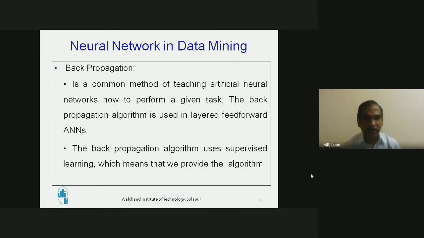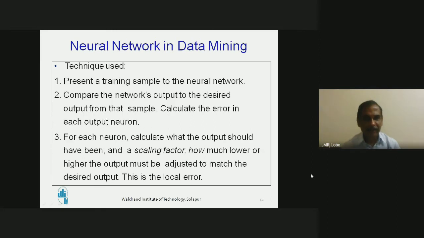Backpropagation is the common method of teaching artificial neural networks how to perform. The backpropagation algorithm is used as a layered feed-forward algorithm and uses supervised learning. The steps are: present a training sample to the neural network, compare the network's output to the desired output, calculate the error, and for each neuron calculate the output and a scaling factor, which is how much lower or higher the output has to be adjusted to match the desired output.